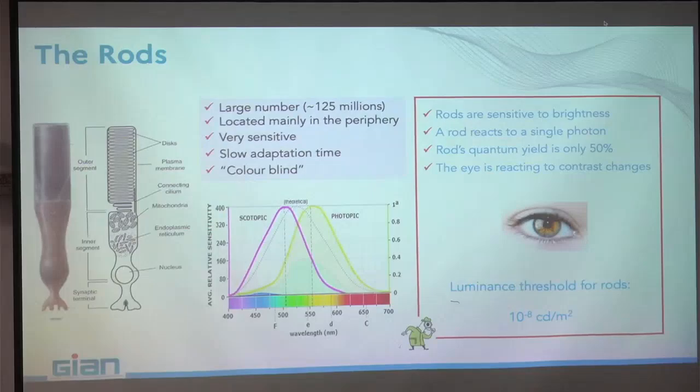A single photon hitting a rod has a 50% chance to start the visual process. That means with two photons arriving almost simultaneously at the rod, you have 100% chance that the visual process starts. But they are slow in adaptation time.